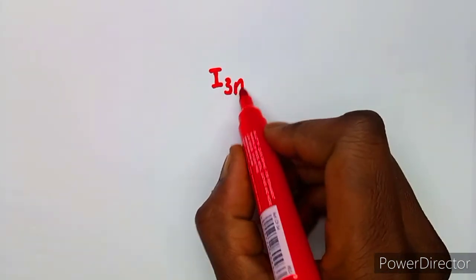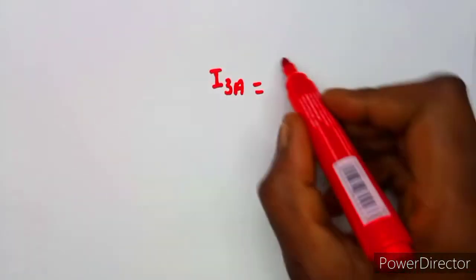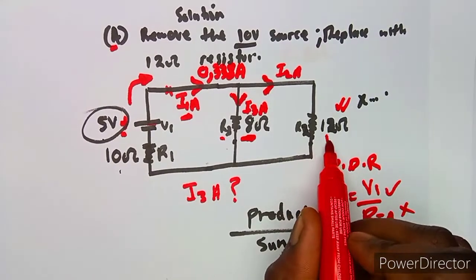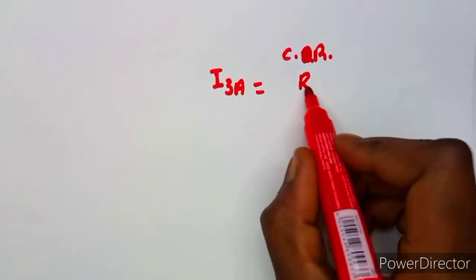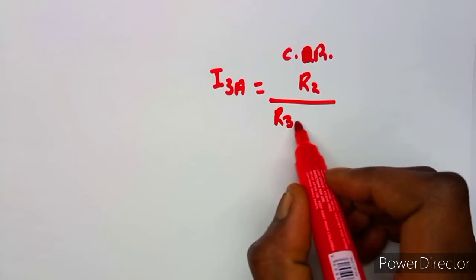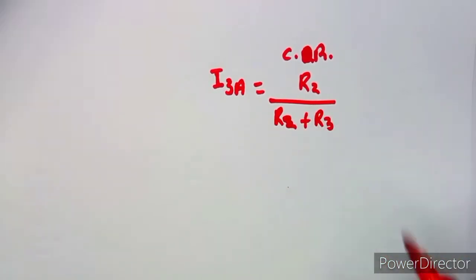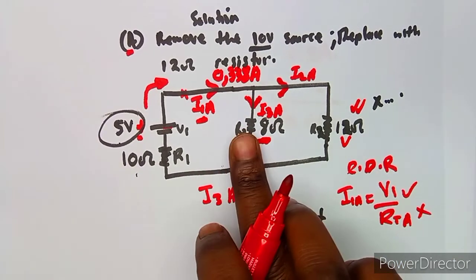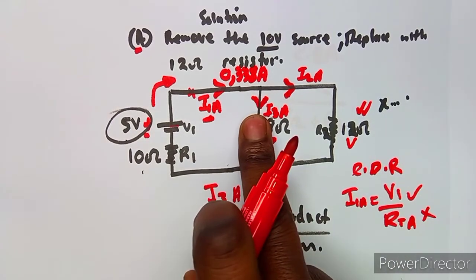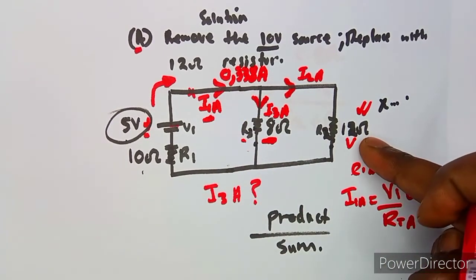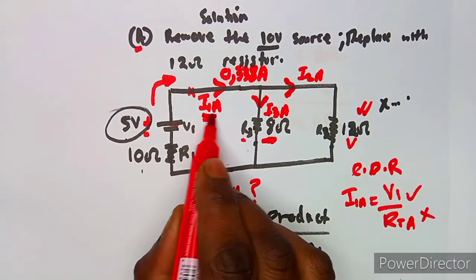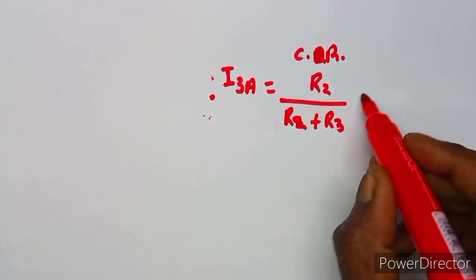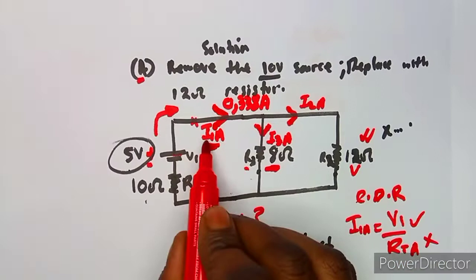So I'm going to write R3, I3A is equal to, using current divider rule, R2 over R2 plus R3, which is one and the same thing as R3 plus R2. But what is important is that for current divider, you don't use this resistor on top. You use the one that it is parallel to. Then you multiply by the total current, which is the supply current, I1A.